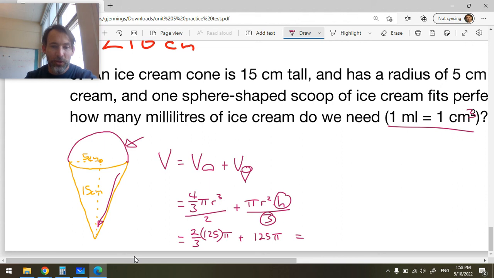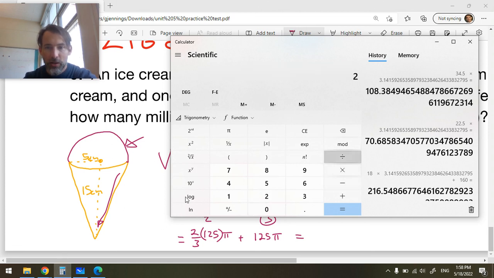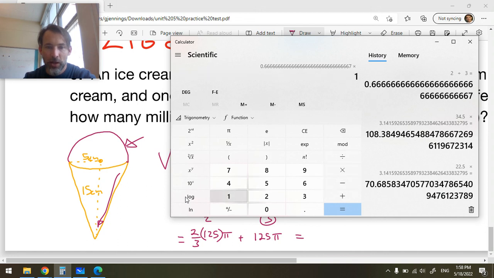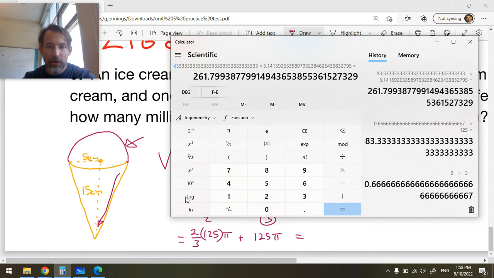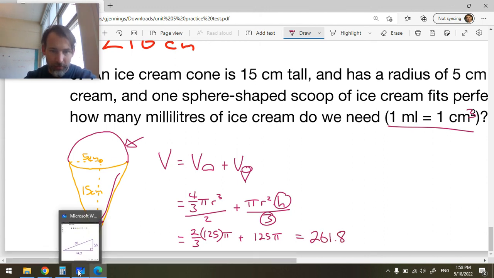And then that's equal to, what is it? Let's just crunch it on a calculator at this point. We would do 2 divided by 3, that's 2/3, multiplied by 125, times pi, equals 261.8 centimeters cubed.